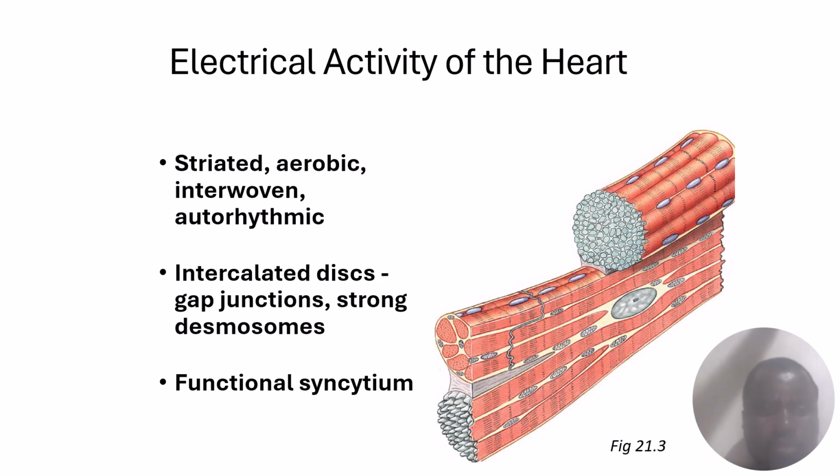They are connected through intercalated discs, and through gap junctions they are able to share electrical activity through sharing of electrolytes, leading to these activities being coupled, and they function as a syncytium. I've explained how the atria are separated from the ventricles by the atrioventricular link, so that the atria will contract as one syncytium, and the ventricles will contract separately as one syncytium.